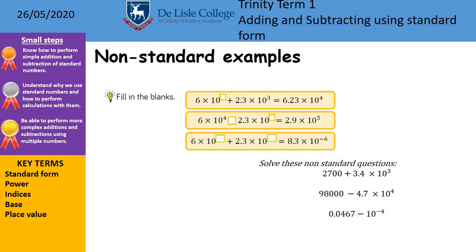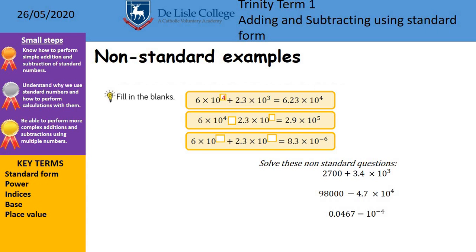Welcome back. So in the top one, we've got the 6 and we've got a 2 and a 3, and we want to make 6.23. So the 6 must be in a larger place value column than the 2, so it's 10 to the power 4. In the next one, we have the 6 and the 2, 3, but this time we need to make 2 and 9.